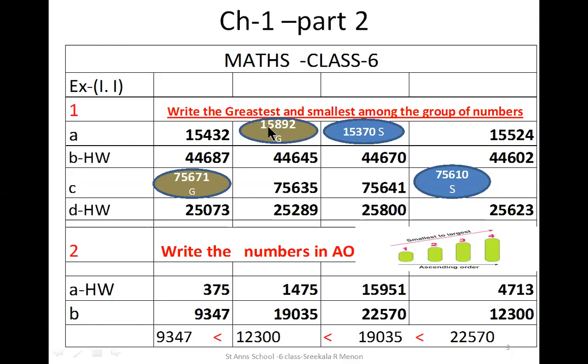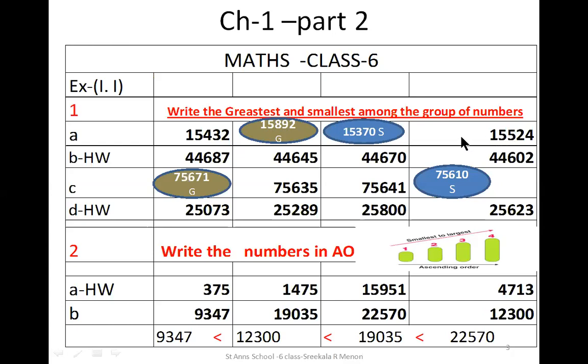What does it say? Look at the next place value. That means we have to see the hundreds place. In the first number it is 4, here it is 8, for the third number it is 3, and for the last number it is 5.